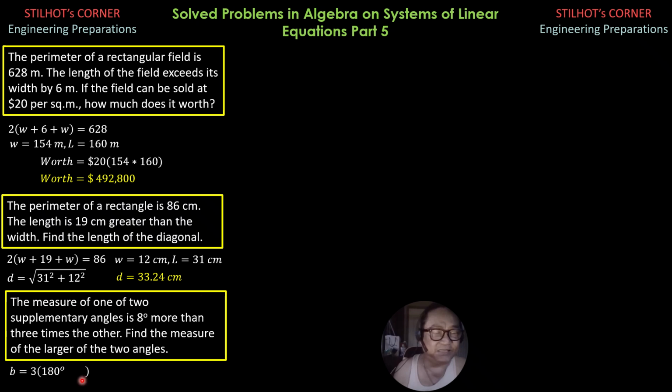So B plus 3B, 4B, equals 548 degrees, because 3 times 180 plus 8 is 548. So B is 548 degrees over 4, and that is equal to 137 degrees.